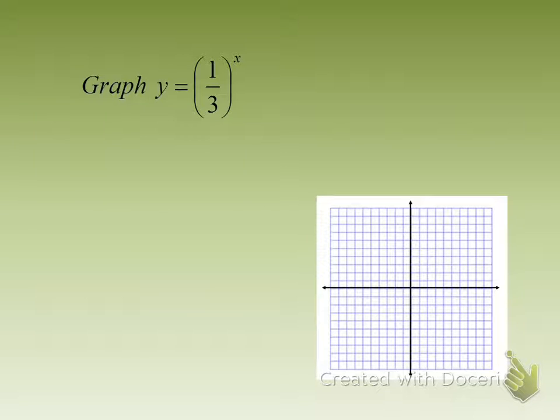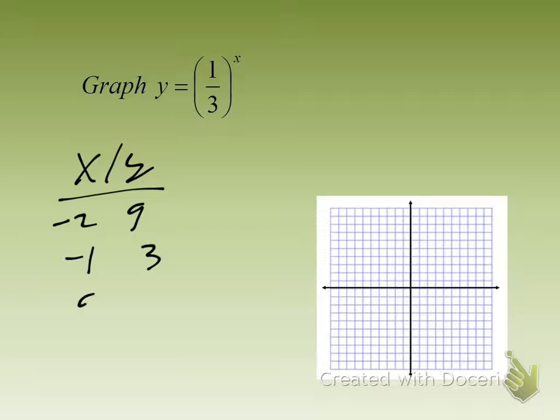When your base is a fraction, especially a fraction between 0 and 1, that's when the direction changes from growth to decay. So this one's got points, let me write them up over here: -2, 9, -1, 3, and 0, 1.